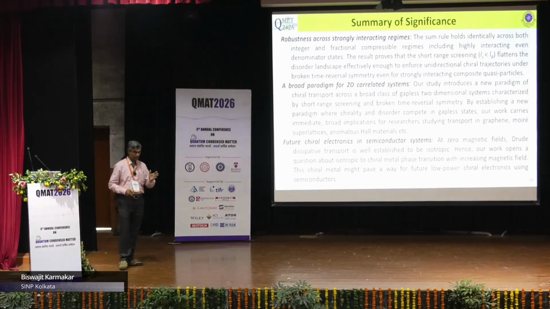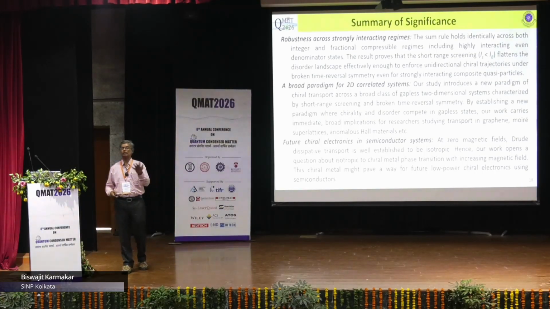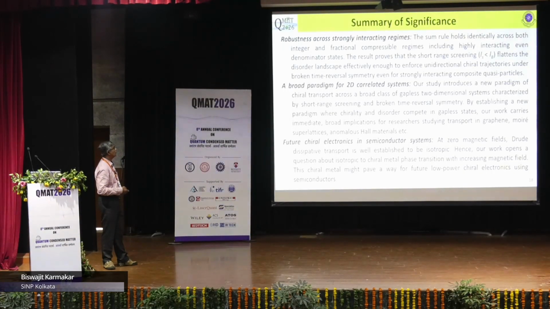I have shown you the data: whenever there are composite particles, this chiral metal phase is the basic conduction mechanism in the system. So it always tries to enforce these chiral trajectories even in strongly interacting composite quasi-particle states.